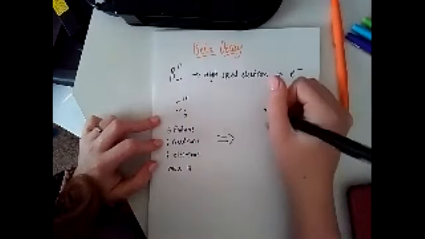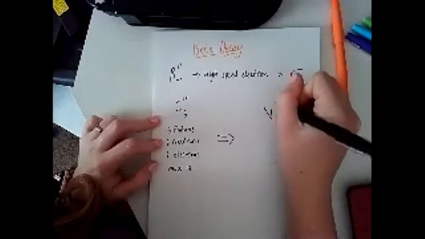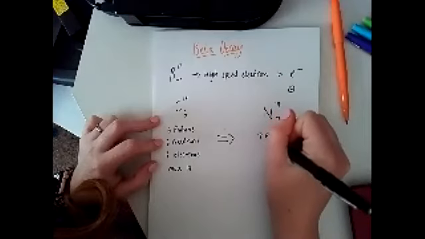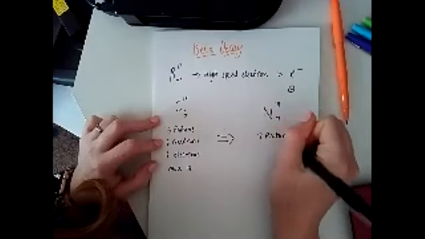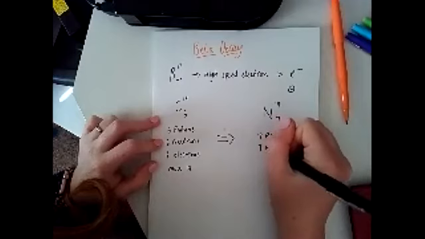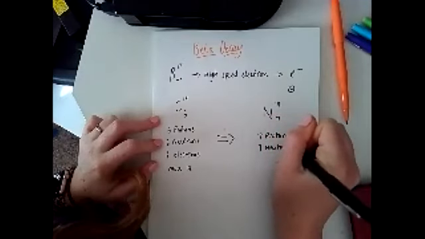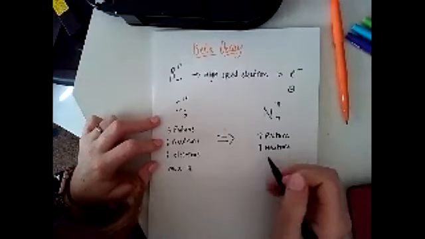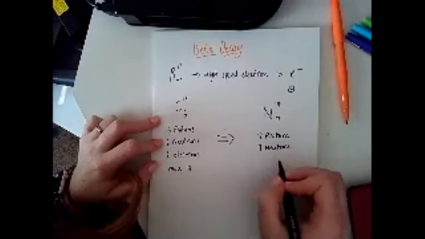So what we get is nitrogen 14, 7 protons. We've now got 7 neutrons. Okay, so I'm not really fussed about the electrons in this case. I'm just thinking of the protons and the neutrons.